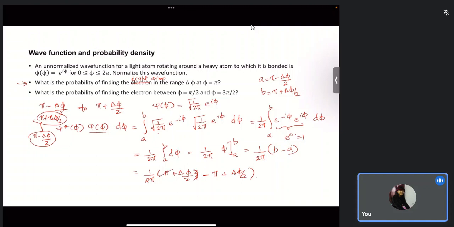The pi terms cancel out, and the remaining is 1 by 2 pi times delta phi by 2 plus delta phi by 2, which makes delta phi. This is the probability of finding the light atom in the range delta phi at phi equal to pi.